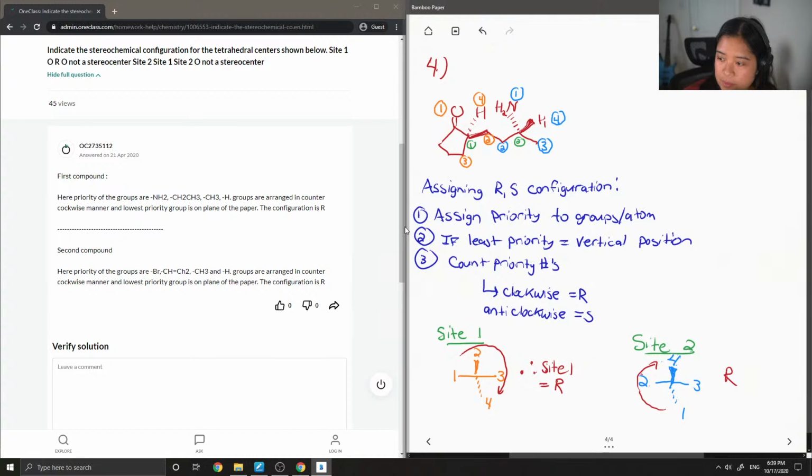So for example, if you put your least priority in the horizontal position, then it's like the opposite.